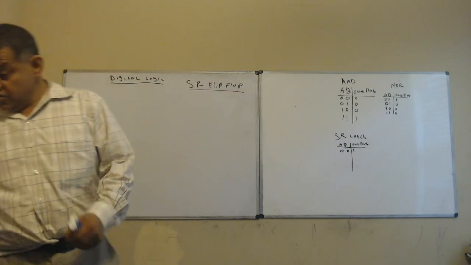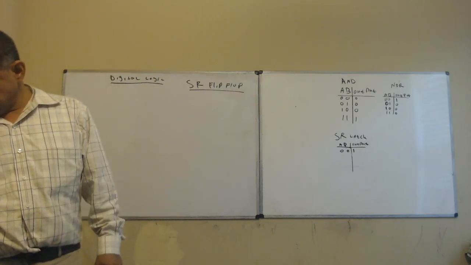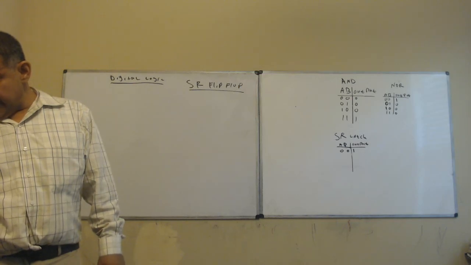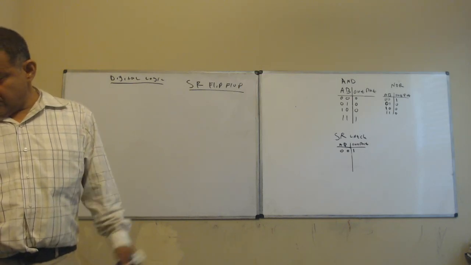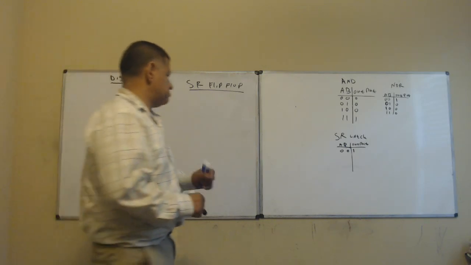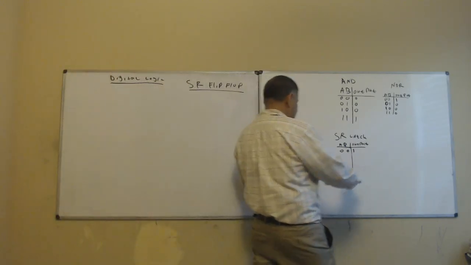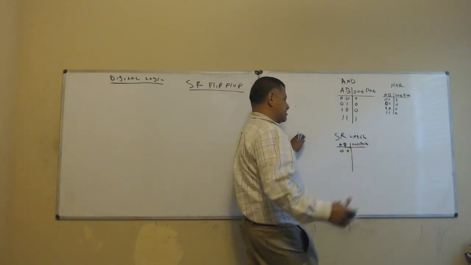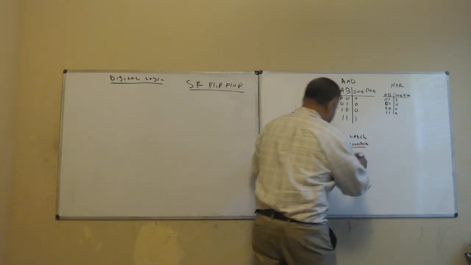So what we say is, if it's 0 and 0, there is no change in the previous state, whatever that state was. That's what we mean by that.